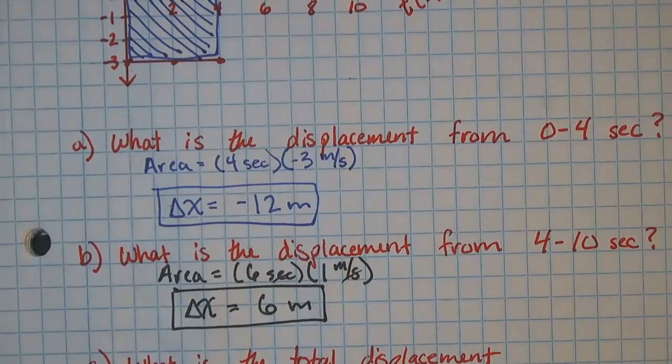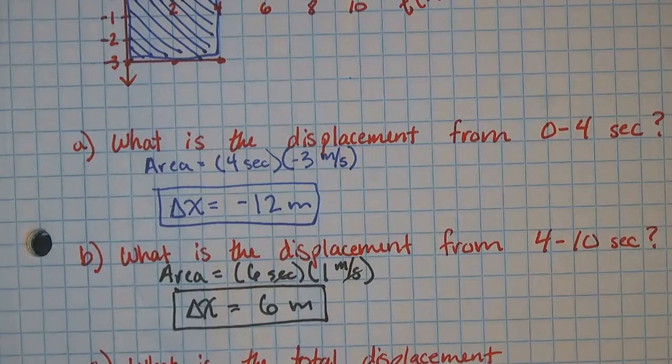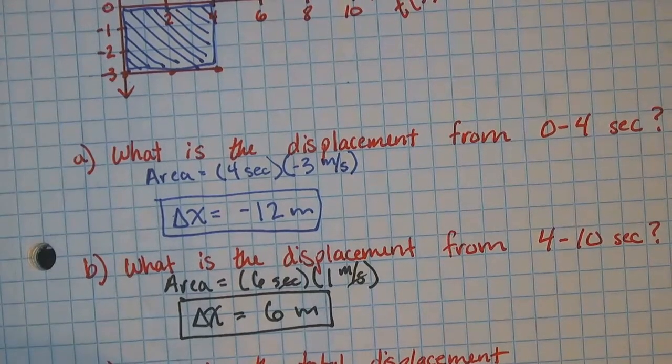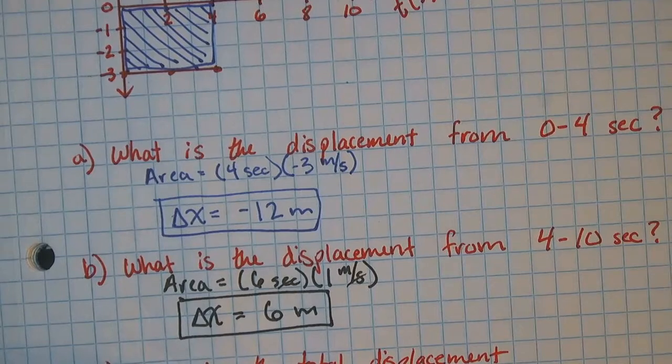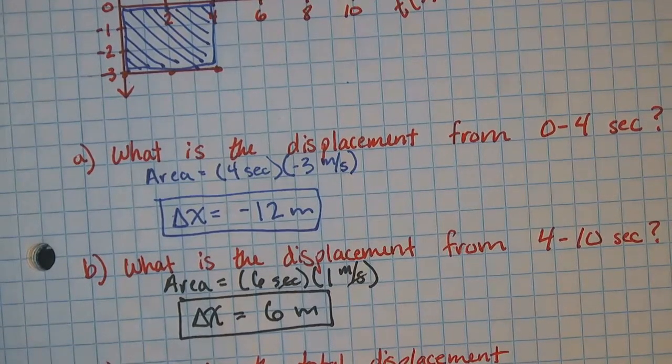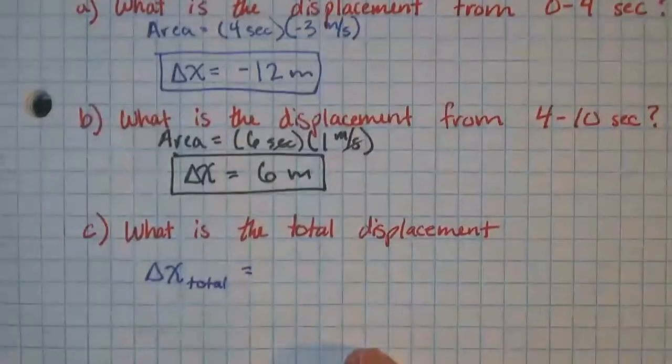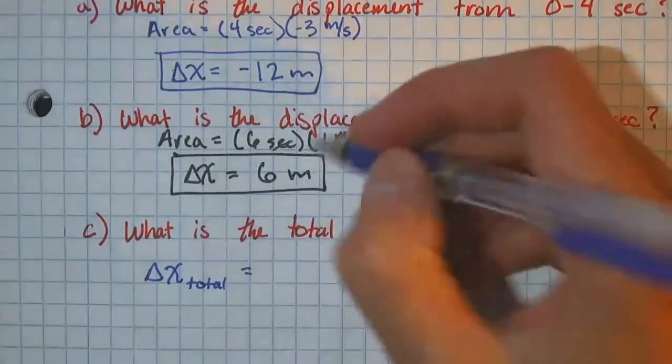So then lastly, what is the total displacement? Your total displacement, remember delta x is your displacement, delta x total is going to just be the sum of those two.